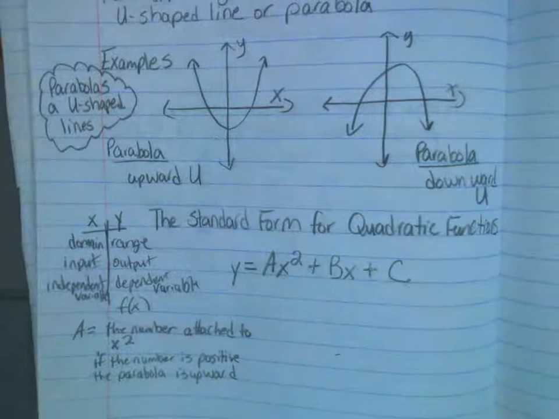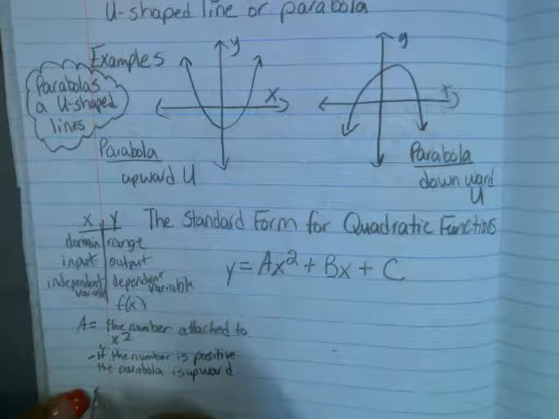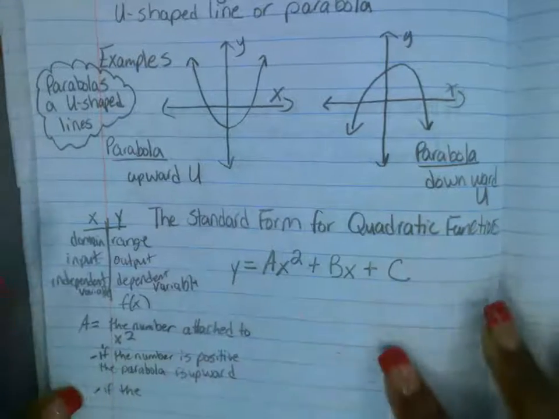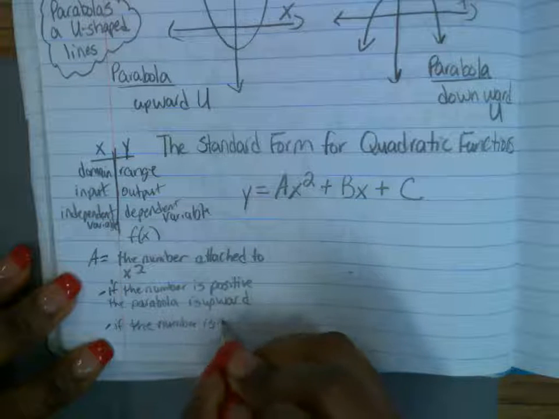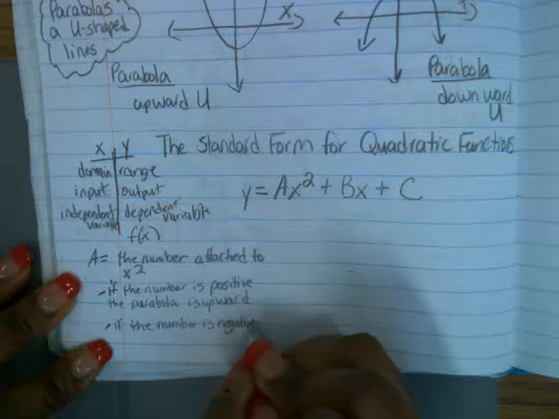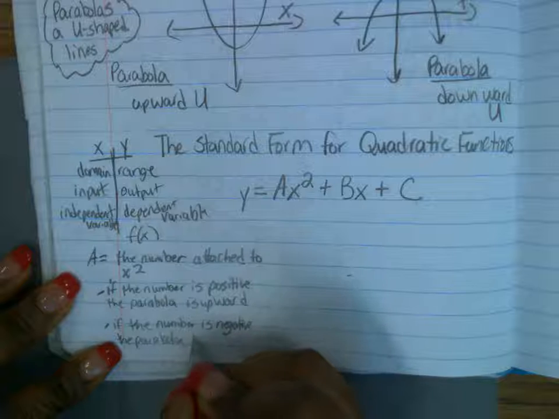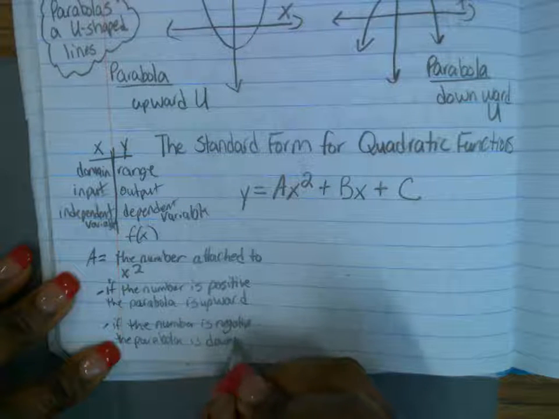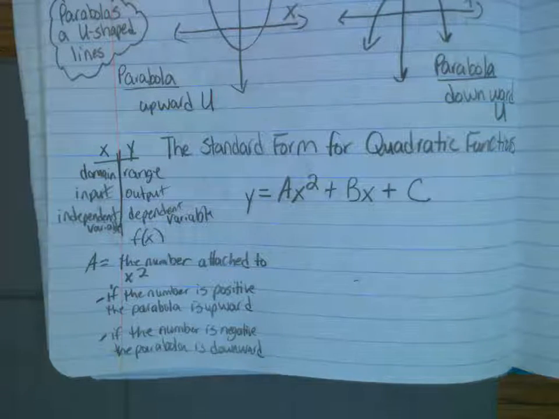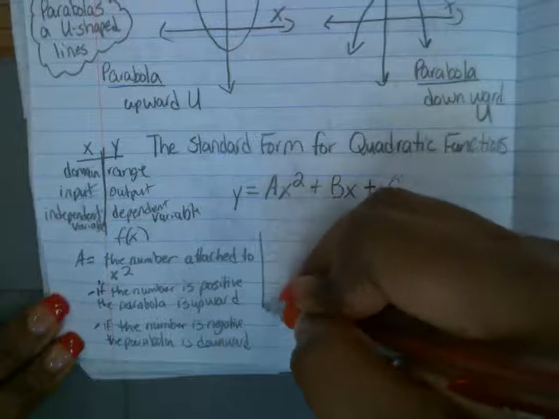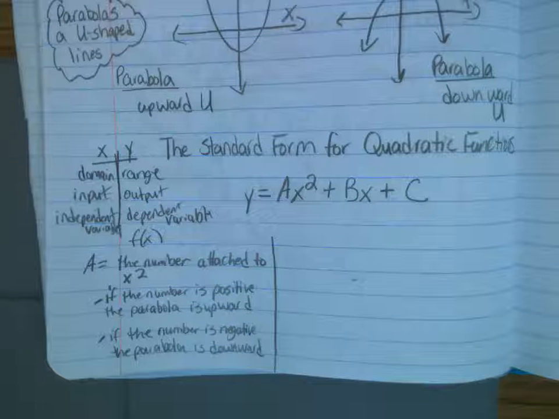If the number is negative, the parabola is downward. The parabola is downward. Okay? So that's what a is. Right? That's what a is. Okay?